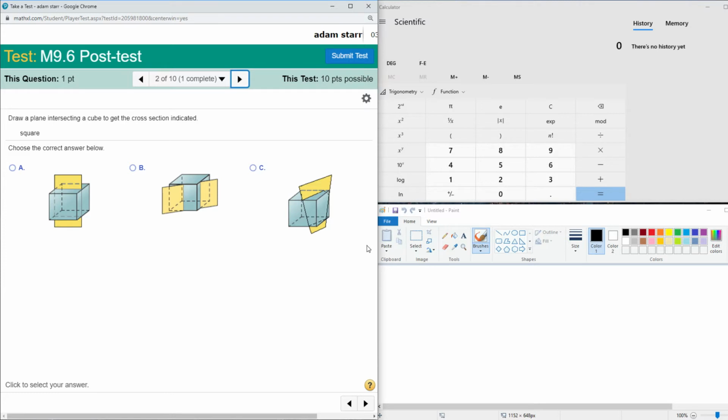A cross-section here means I'm just going to basically cut out this yellow figure and what I'm going to be left with is a 2D figure. If I cross-section here, this is definitely more of a rectangle that's getting cross-sectioned out. But this one here is actually going to be the square getting cross-sectioned out.